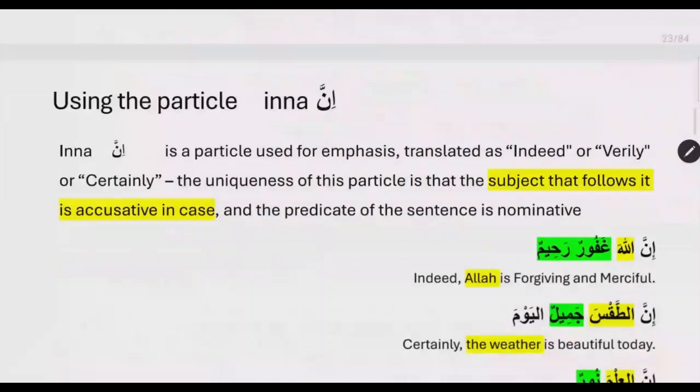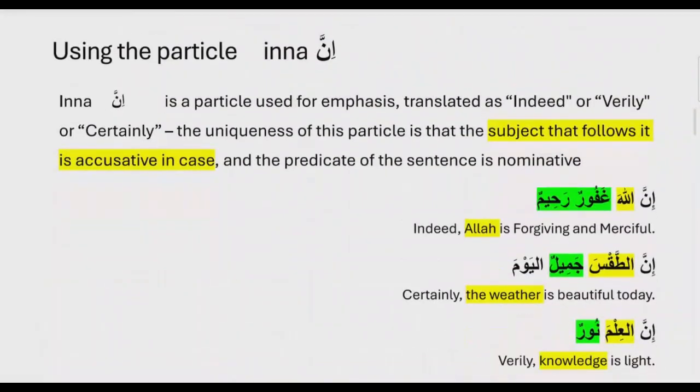Then this one here, inna, we said is the unique particle. So inna, the subject is Allah actually. Notice the subject here is accusative. Normally the subject is nominative, but inna reverses the order.